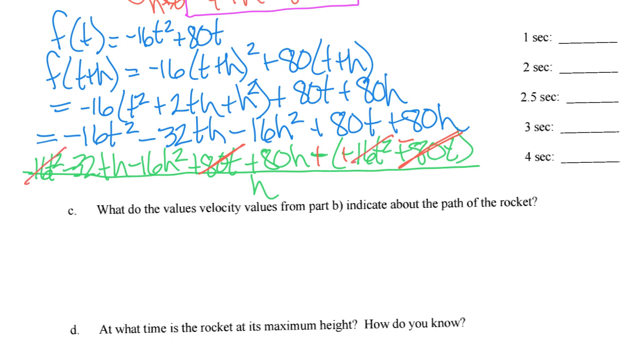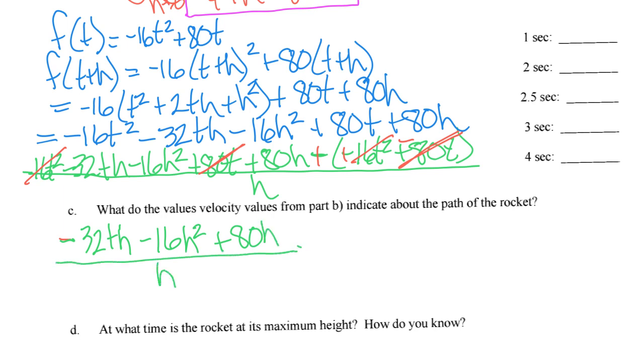So we are left with negative 32th minus 16h squared plus 80h all over h.